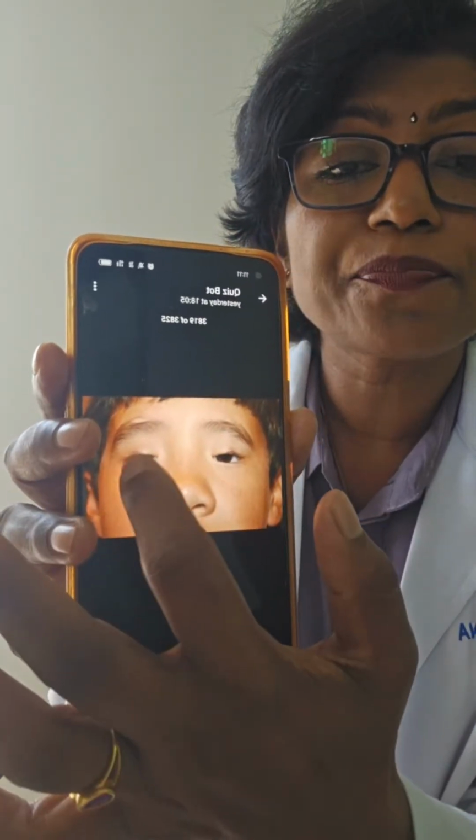However, the interpupillary distance is normal. Epicanthus inversus, yes, very much present, defines the syndrome itself. Decreased palpebral fissure height, yes, whenever we have ptosis, the palpebral fissure height is decreased. What is palpebral fissure? This height space between the lid margins, the upper lid and the lower lid margins.